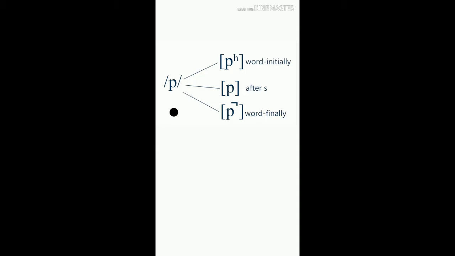There are three ways to pronounce it. The first one is aspirated p for word initially, like pen. The second one is p after s, like span. And the last one is p for word finally, like tap.